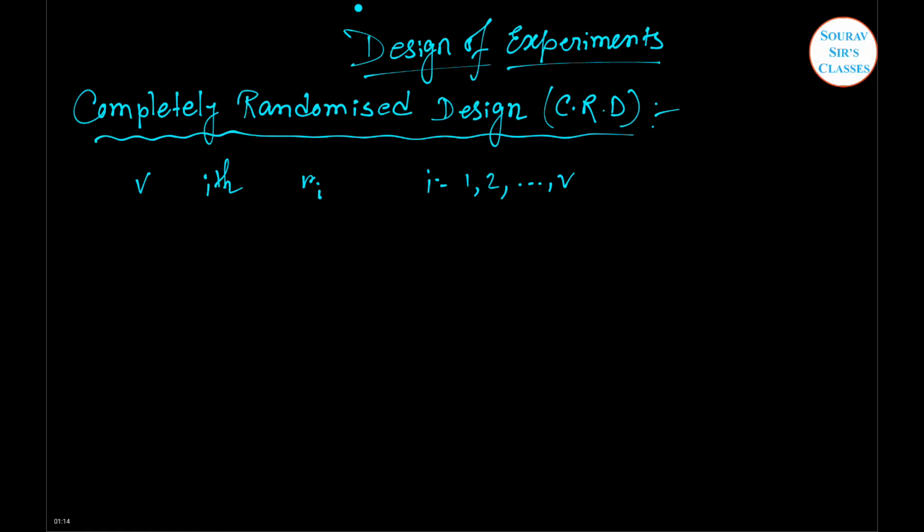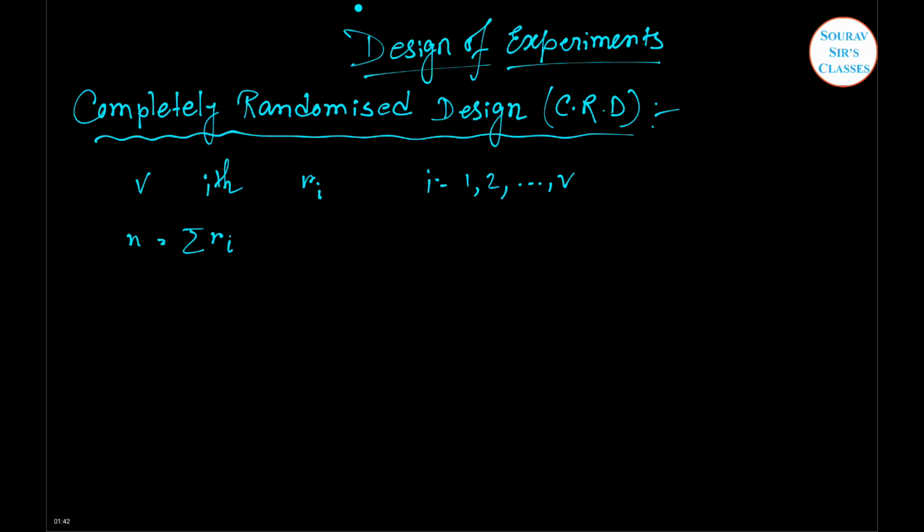Then the whole experimental material is divided into n equal to summation Ri experimental units, and the treatments are distributed completely at random over the units subject to the condition that the ith treatment occurs Ri times. Randomization assures that extraneous factors do not continually influence the treatment.